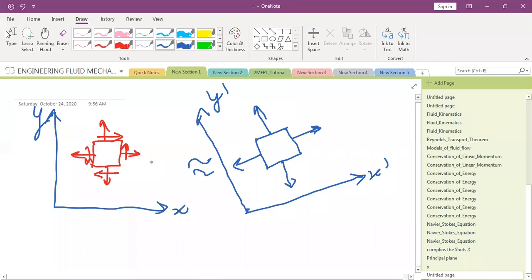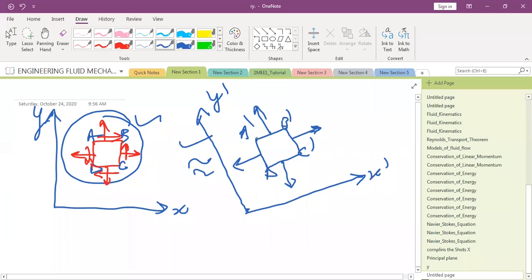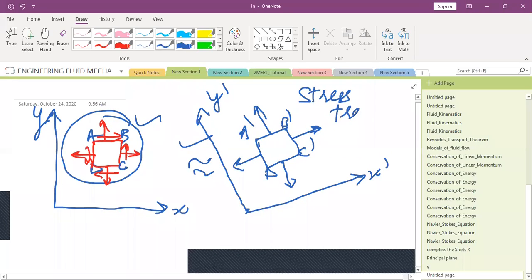Any doubt? In this configuration, you didn't have any plane that was a principal plane. But in this configuration, these planes are now principal planes. And this is called stress transformation. That is, you are transforming the coordinate system so that you can represent this equivalently like this.